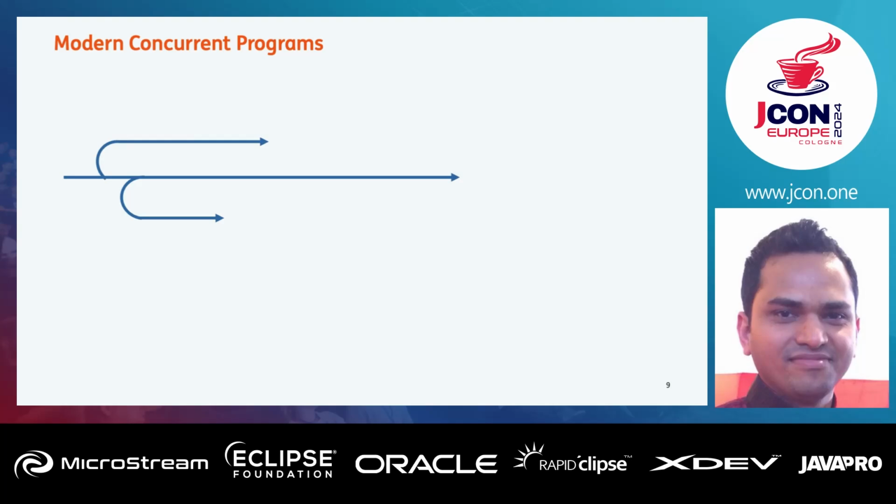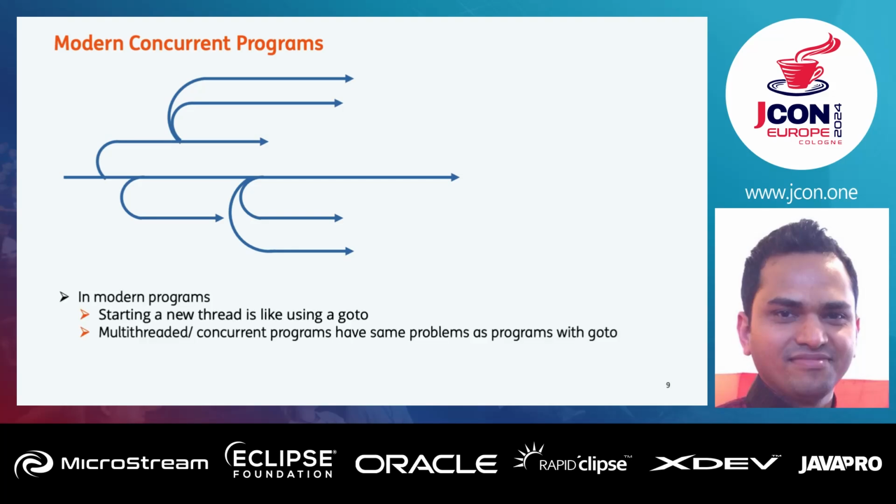It continues in the same thread, but also continues in the new thread. So if you have too many of these threads, again, you have the same problems as you had with goto. So basically, in modern programs, starting a new thread is like using goto. And multi-threaded concurrent programs have the same problems as the programs with gotos.